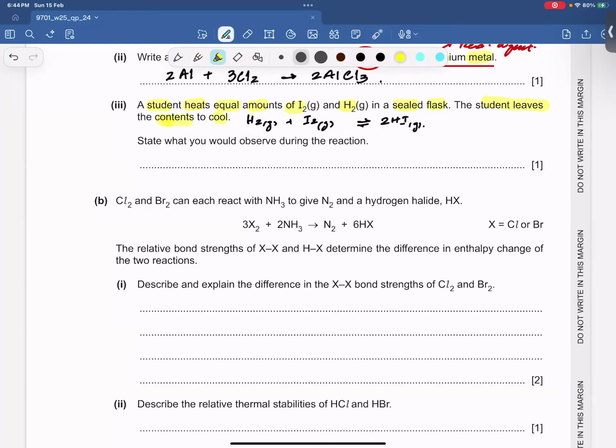content to cool, when you decrease the temperature, obviously this gas will turn to liquid or solid, which means during the reaction, the color observation would be purple to colorless, okay? Or violet to colorless.